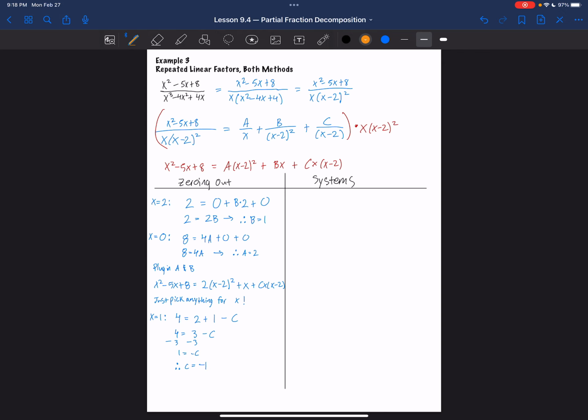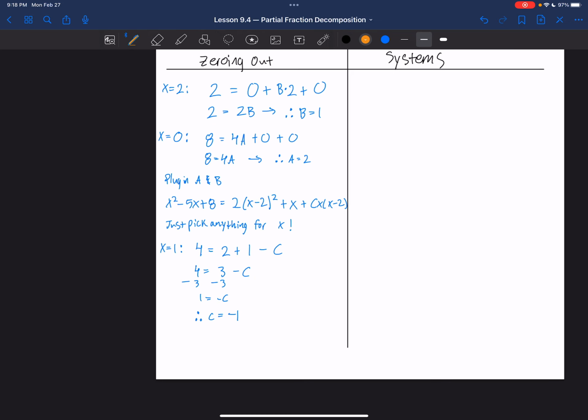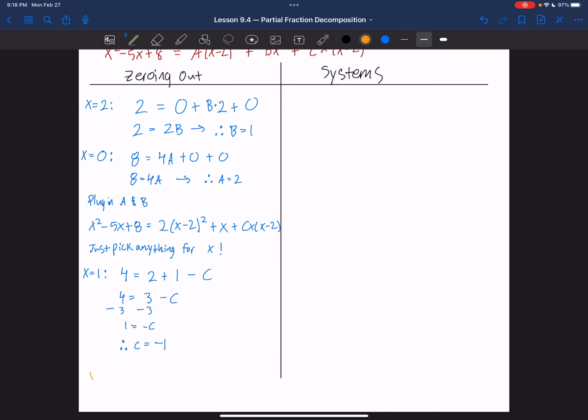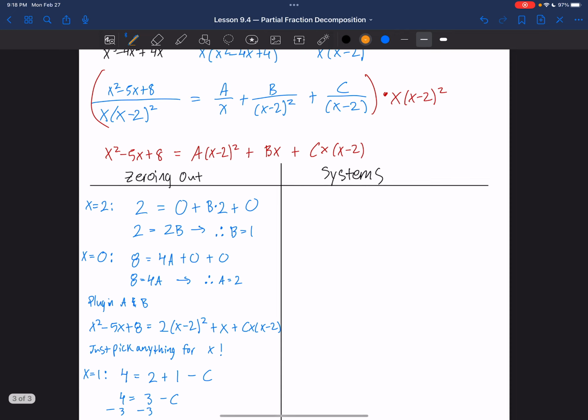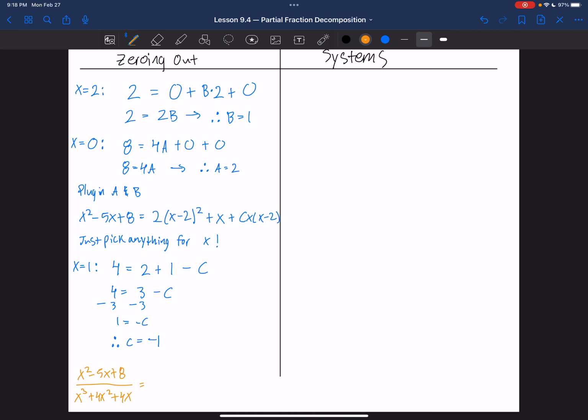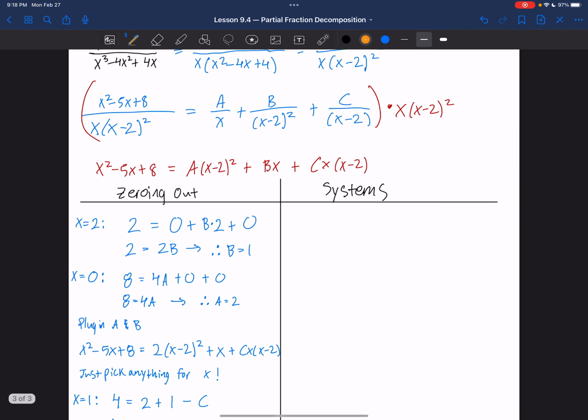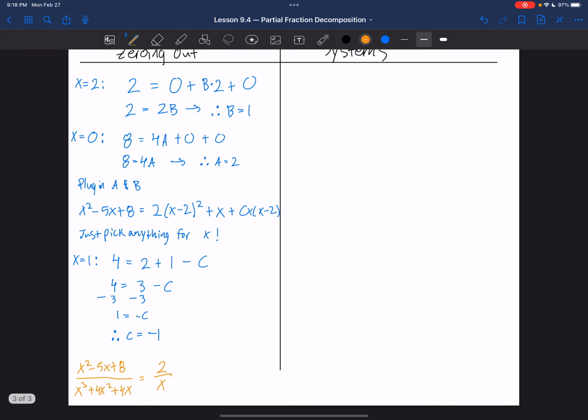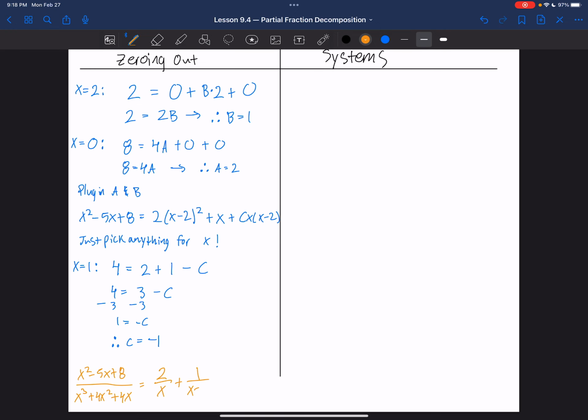And so the decomposition: x squared minus 5x plus 8 over x cubed plus 4x squared plus 4x decomposes as a over x, that's 2 over x, plus b, that's 1 over x minus 2 squared, minus c, that's 1 over x plus 2.